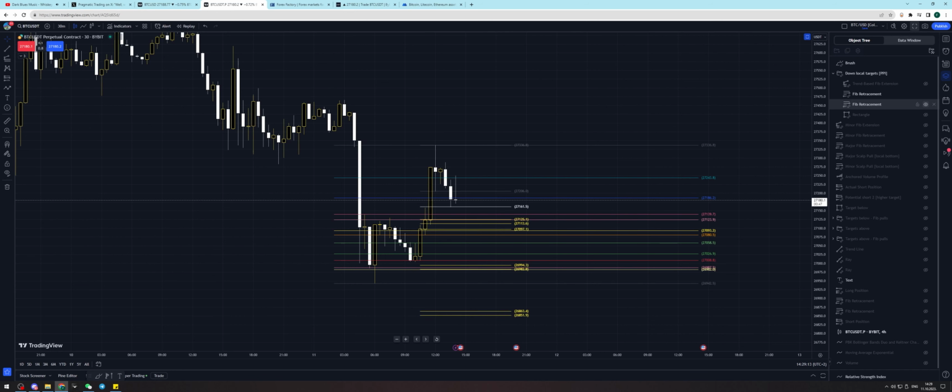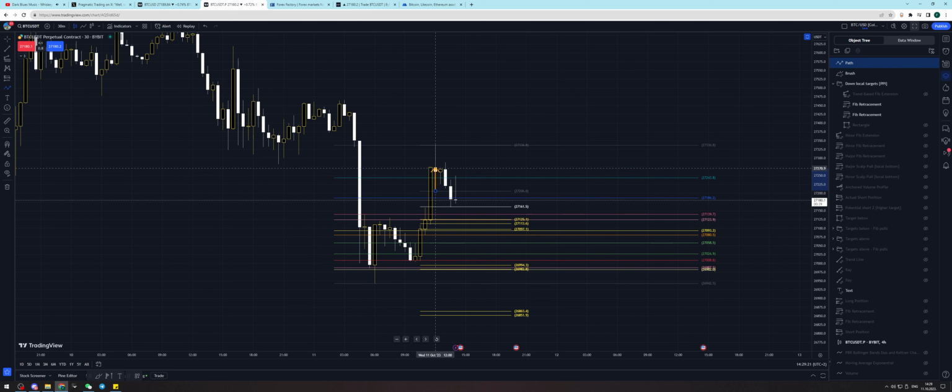Now we have a smaller fib retracement. So this is a scalp pool. What am I measuring here? I am measuring the downwards potential of this last wave up. Okay, so basically I'm measuring this, and I already see some zones of interest. 27.125 and 27.9 approximately.